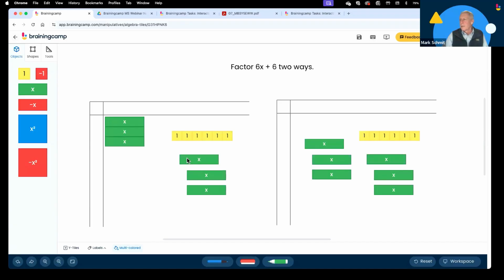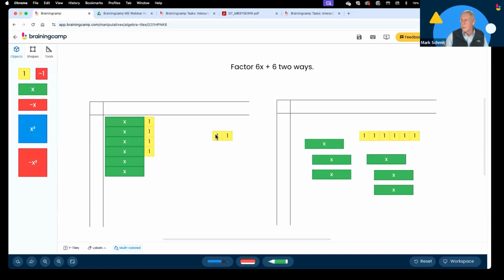And here might be one way. We'll do it the quick way. I can make that rectangle. Notice how all the dimensions are matching, right? I'm making a rectangle.